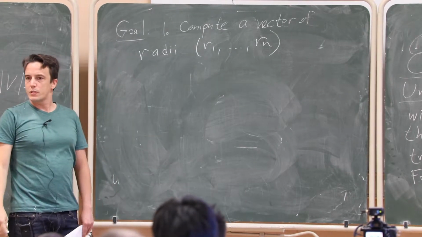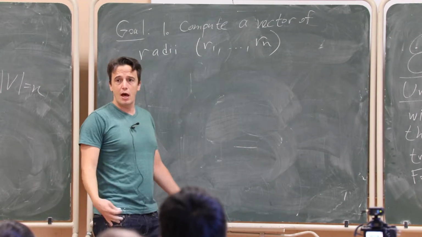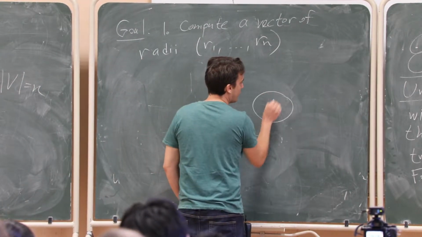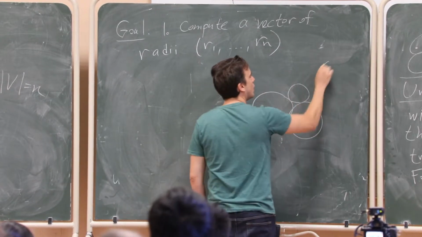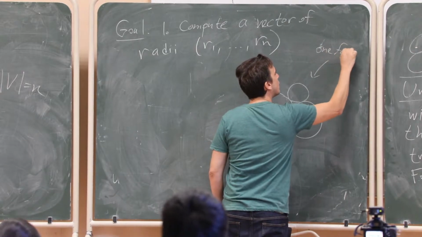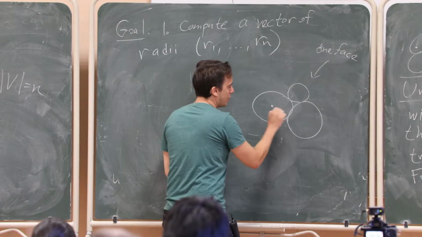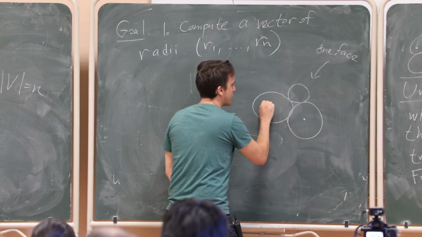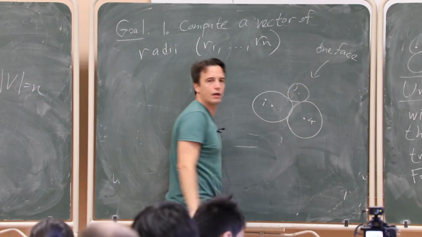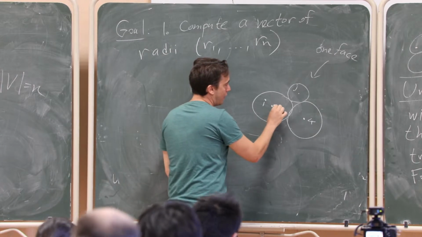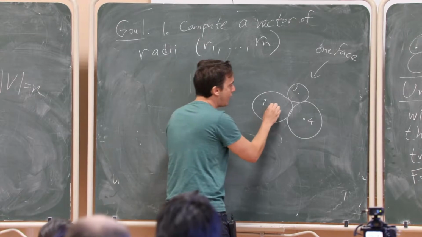What does it have to satisfy? If we have a circle packing, and this is a particular face, let's say this is the vertex i, this is the vertex j, and this is the vertex k. We can connect each two centers by a straight line.